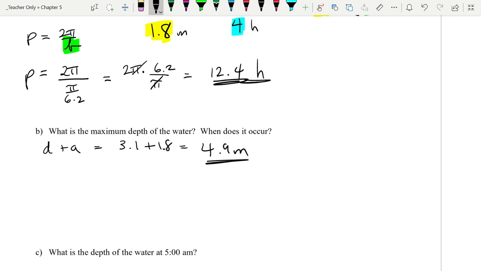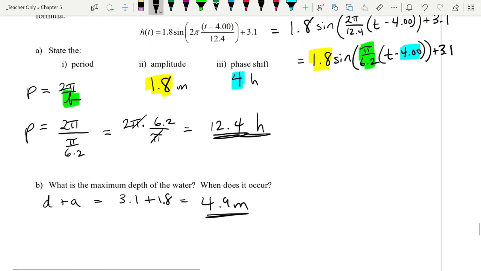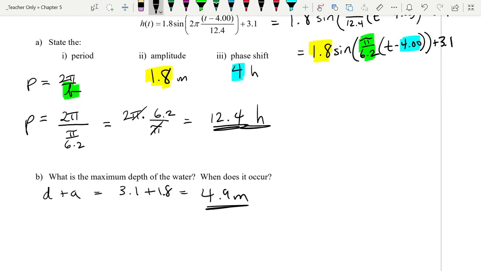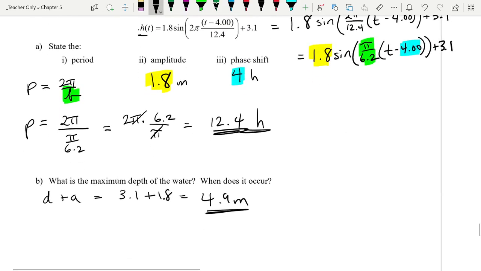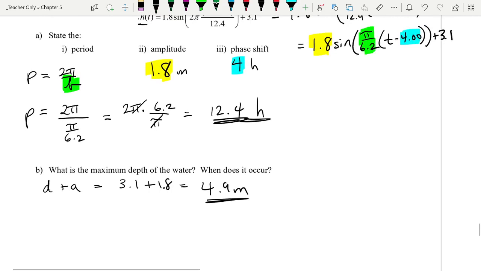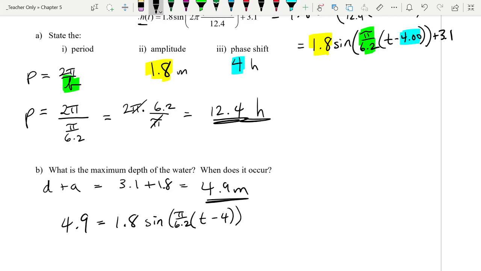When does it occur? Well, this height goes basically here in the equation. I think I'll use the factored version of the equation. So 4.9 equals 1.8 times the sine of pi over 6.2 times t minus 4, plus 3.1.